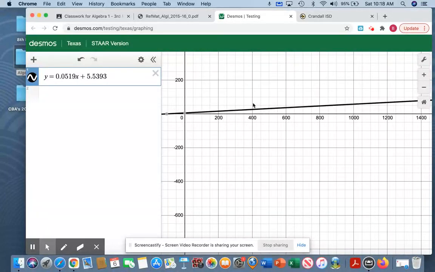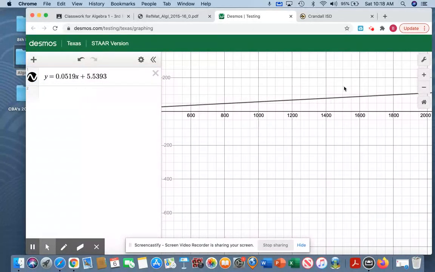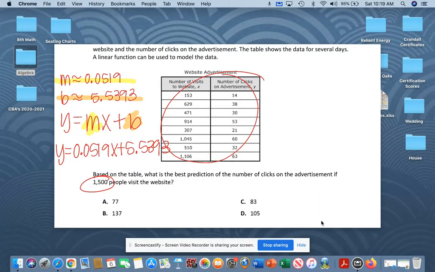You have the option of seeing, okay, when 1,500 people visit, so that would be over here. It would be about 83. So when 1,500 people, about 83.389, so about 83 people.